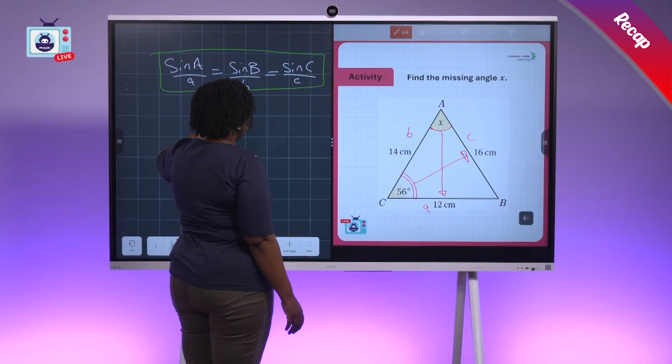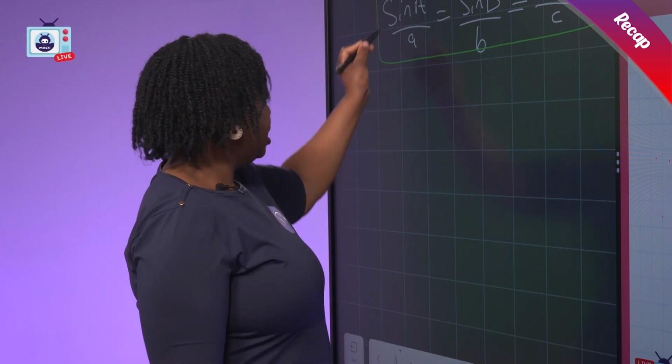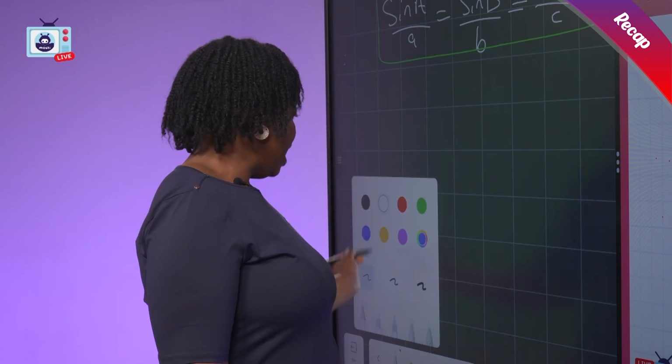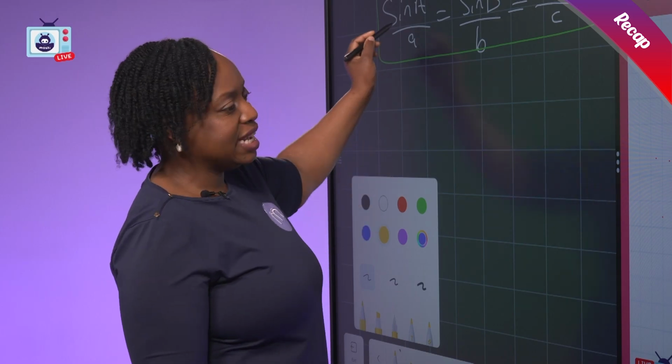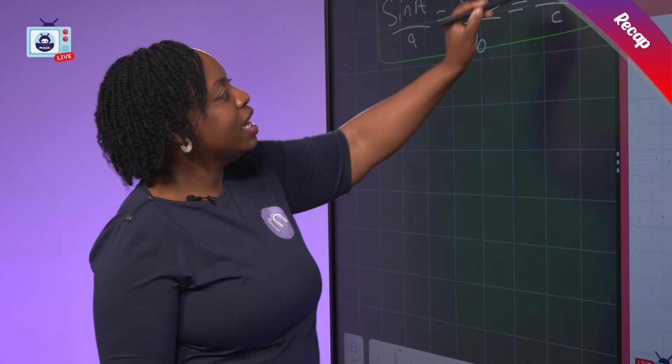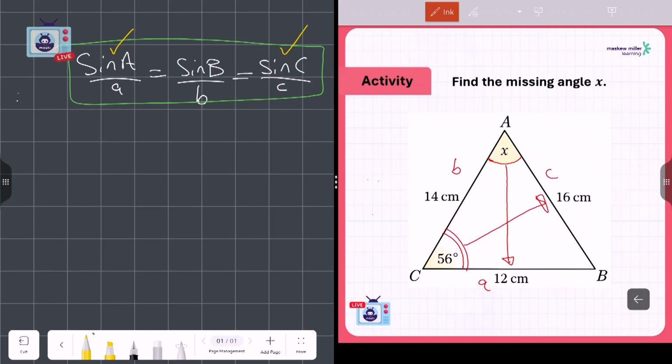You're allowed to do that. So here, I'm going to write, you choose 2 sides that are relevant. So in this case, my relevant sides I'm going to use, as I said, are the one with angle A and also the one with angle C. So I'm not going to talk about B. So let's do it that way. That means we're going to have sine. What is our angle A?